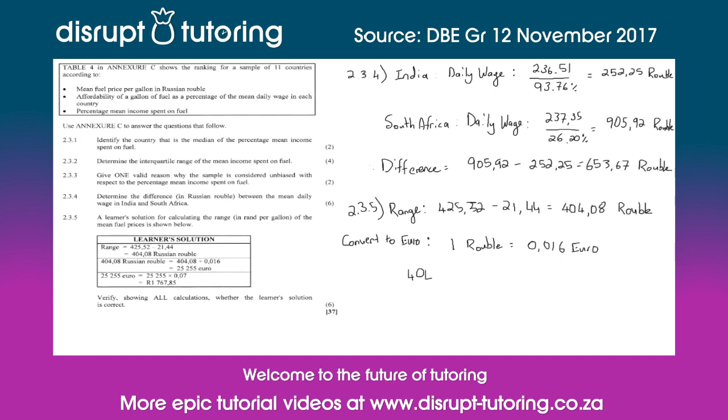Remember, multiplying both sides of an equation is part of your algebra rules, because it doesn't change the equation, because both sides are still equal. So if we multiply the one side by that 404,08, we can then also multiply the other side by 404,08 times the 1 euro.